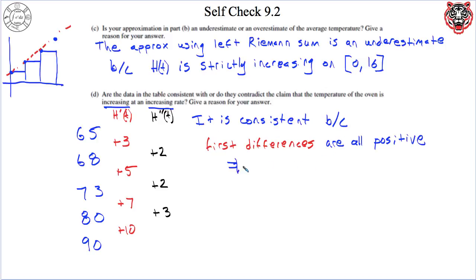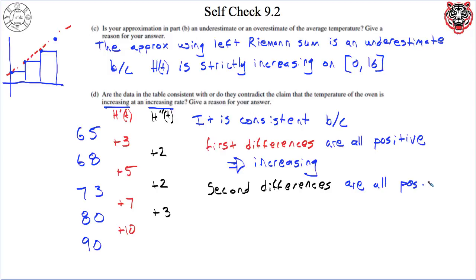So therefore, increasing. And second differences are all positive. Therefore, at increasing rate.